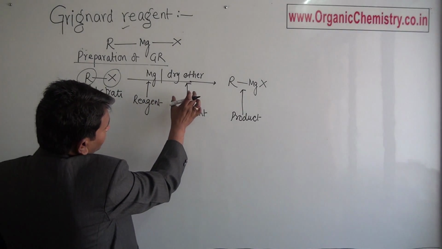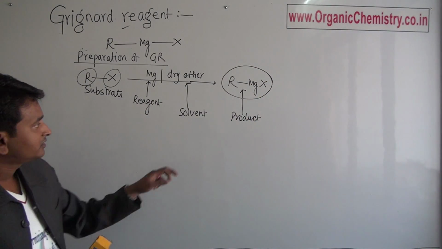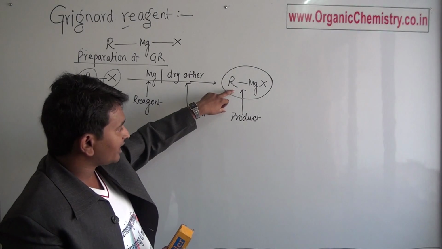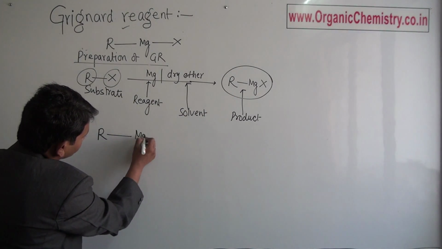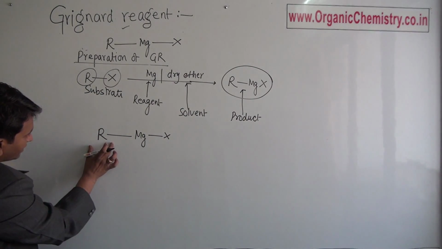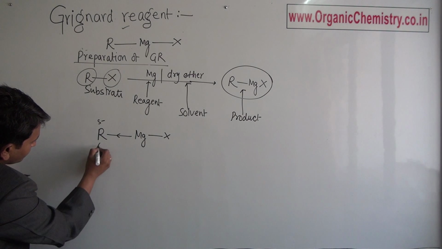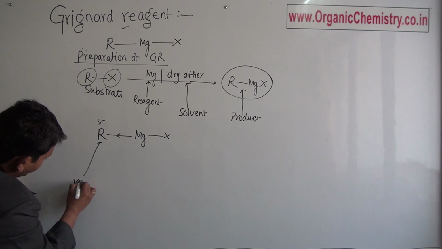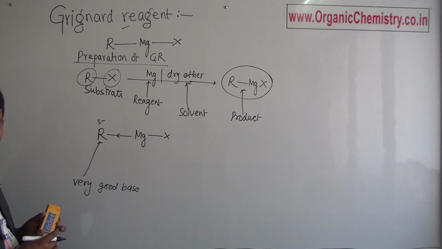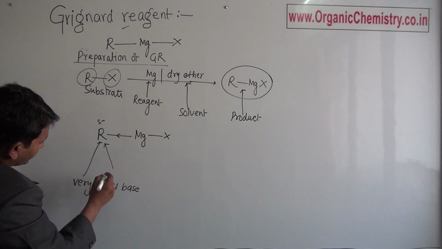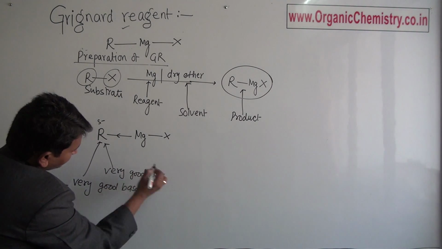The important part arises when we observe the basicity of RMgX. Here, the alkyl part of RMgX is electron rich, so it will be a very good base, and it will also be a very good nucleophile.